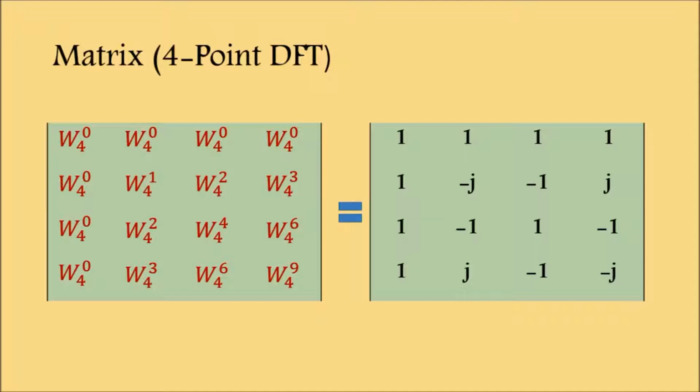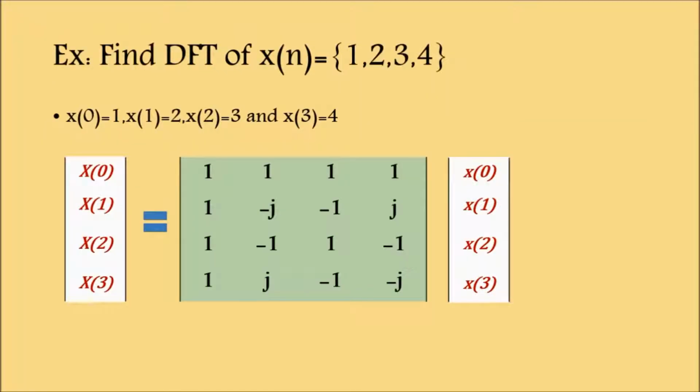and finally we can write the matrix. This is the 4-point DFT matrix: 1 1 1 1, 1 minus j minus 1 j, 1 minus 1 1 minus 1, 1 j minus 1 minus j. So once we have this matrix, we can calculate the 4-point DFT using that matrix.